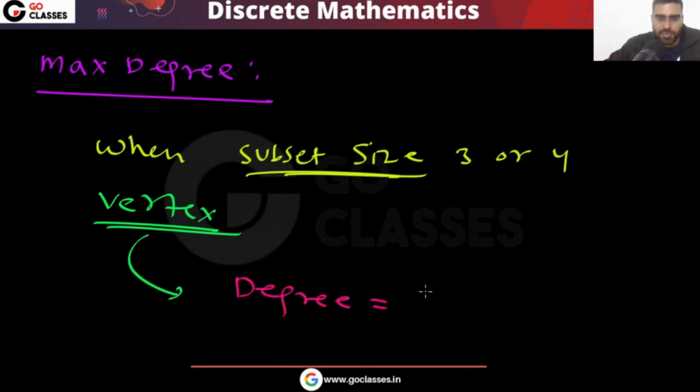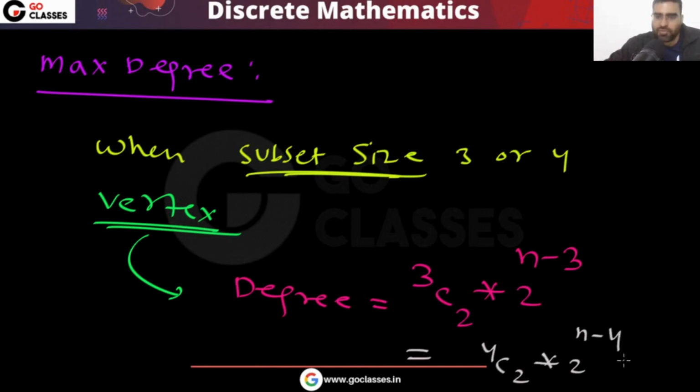The degree will be very simple. From these 3 elements, you select 2 elements, and the remaining n minus 3 elements. Or this is the same as 4C2 multiplied by 2 power n minus 4. These are basically the same.